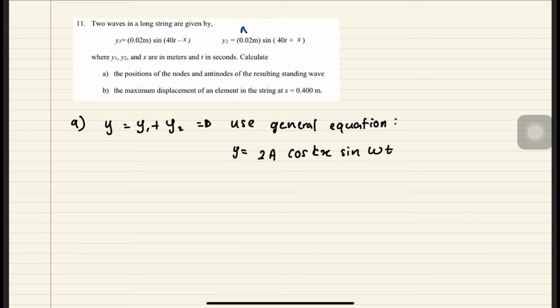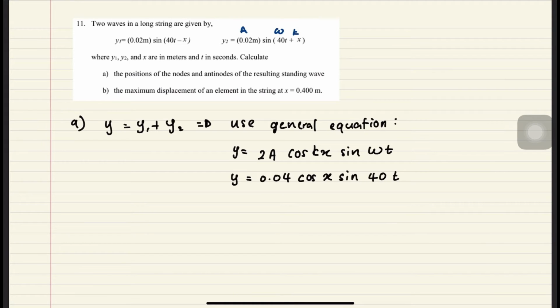This will be your a, the one with the t is omega, and your k is actually equal to 1. So I can rewrite this equation, y equals 2 multiplied by 0.02, which becomes 0.04 cos x sine 40t.